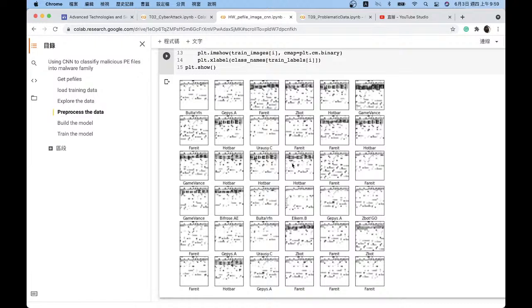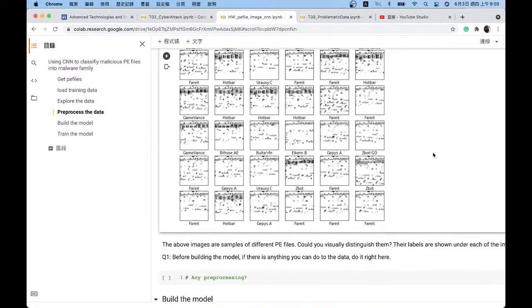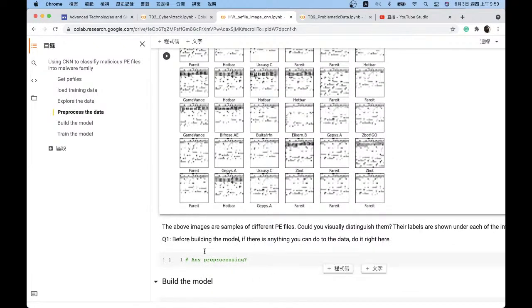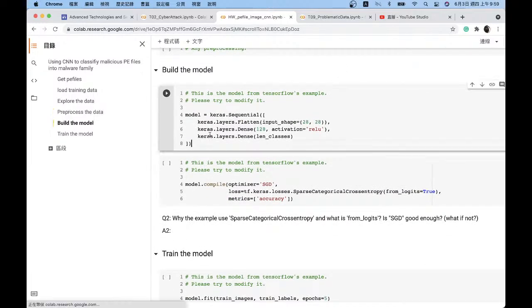So if you observe that your data truly has some patterns like this, I believe a convolutional neural network can properly classify it. So we can build a model. For example, that's a very simple model, simply a dense model.